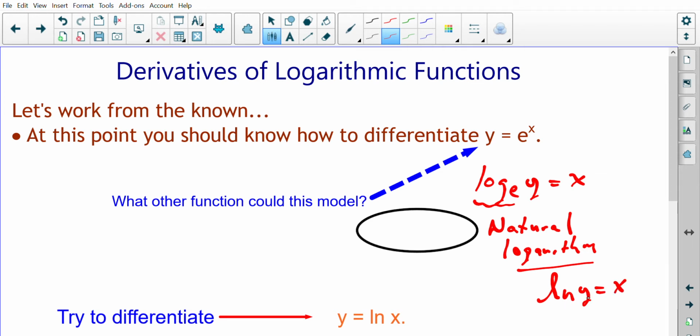When you write ln, it's understood that the base is e, Euler's number, in the same way that if I just write log of 75 and don't put any base there, it is implied to be base 10. So Euler's number is implied when we use natural logarithm.